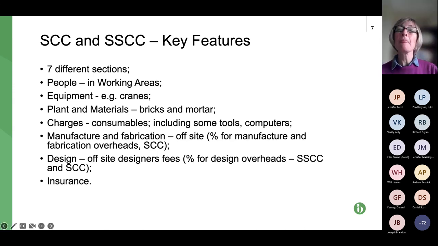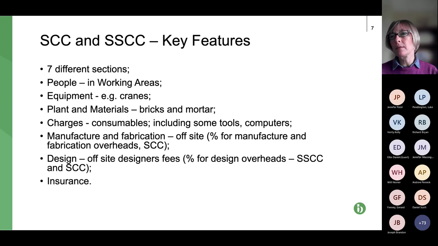The first one is people in the working areas. That's typically the site and possibly an extended period if, say, the site cabins are in a different area. Some subcontractors will include their own head office and various other offices as working areas, and we'll see why that might be the case later, but it relates to the fact that you can claim for those people.